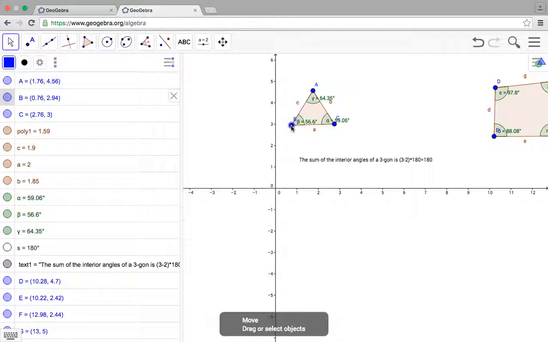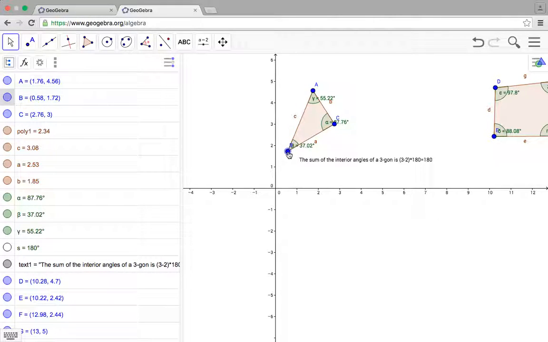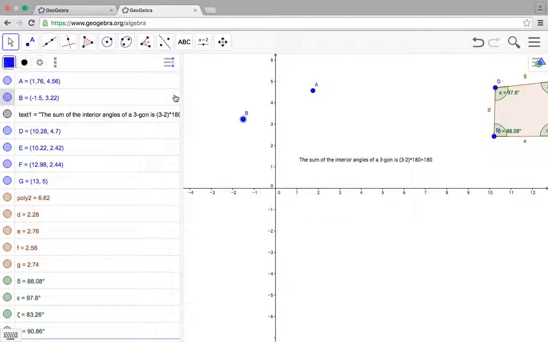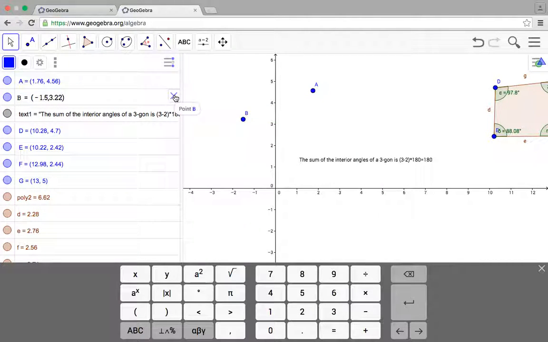And so you can see, well, before I delete it, you can see that if you change the angles here, your angles will change over here. Now alpha is 54 degrees, but the sum would still be the same. The sum is still going to be 180 because it doesn't matter how the angles change, your sum would still add up to 180. Okay, so I'm going to get rid of that triangle over there.